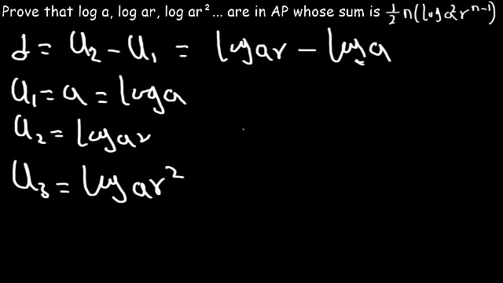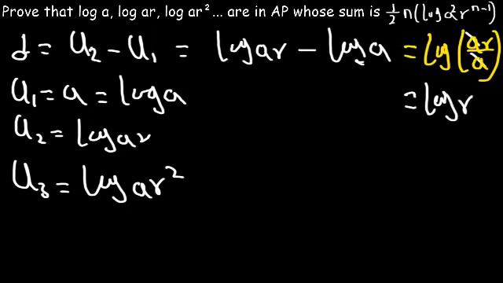Perfect. Now what exactly is that? I think at this point we will need some of the identities of logarithms. Whenever two logs are subtracted, you can take one log and divide their values. So this is the same thing as log of ar divided by a. What we are going to observe is that a cancels a over here, and in the end we have log of r.